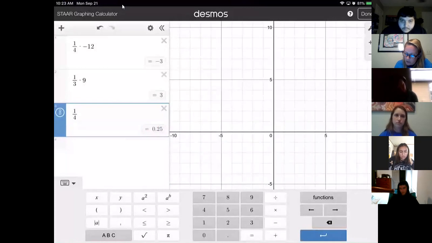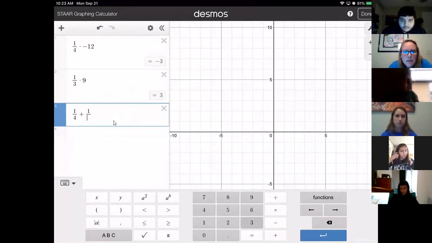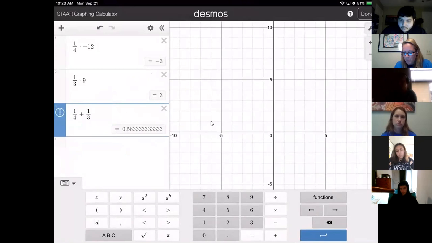I got to get out of the fraction, plus 1/3. Desmos is taking a while to get in there. All right. Now, do y'all remember what button I need to press or where the button is to change that back to a fraction?